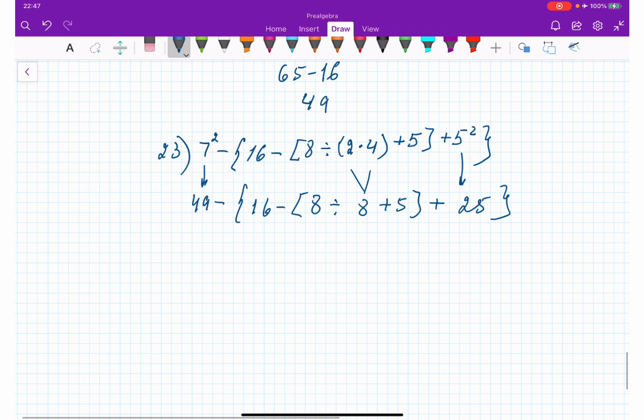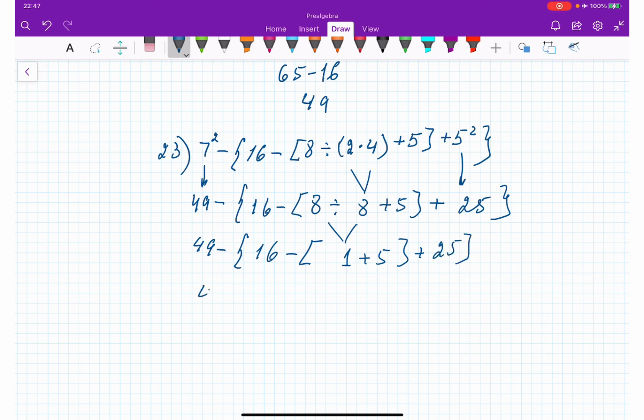Next, 49 minus 16 minus 8 divided by 8 is 1 plus 5 and plus 25.